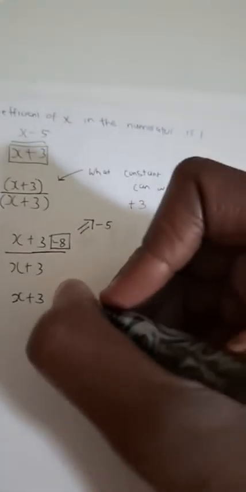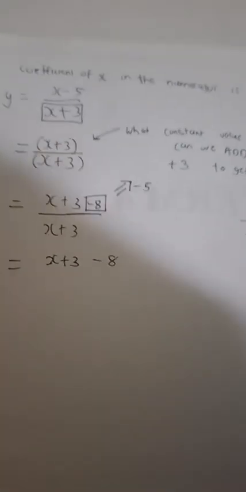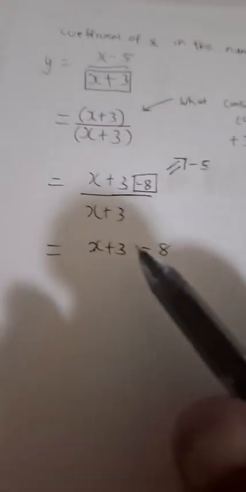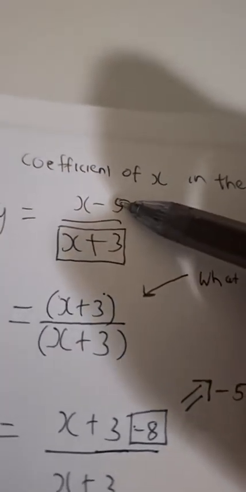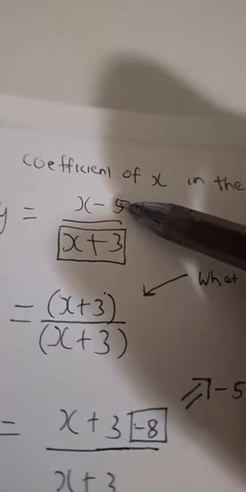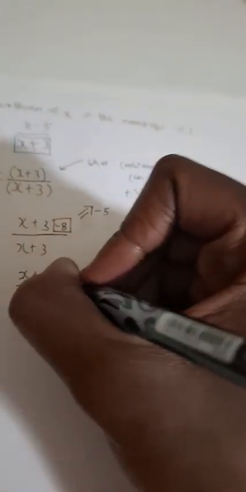So if I rewrite this, it is x plus 3 minus 8 in the numerator. And really, if I say 3 minus 8, don't I get this negative 5 back? Indeed, I do. Now, we can write that over x plus 3.